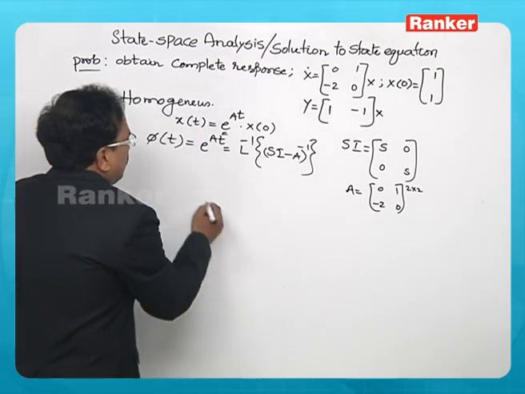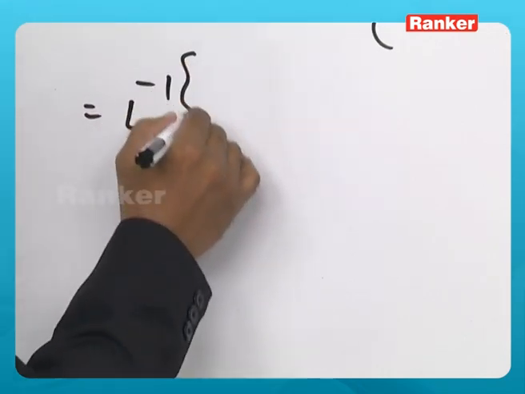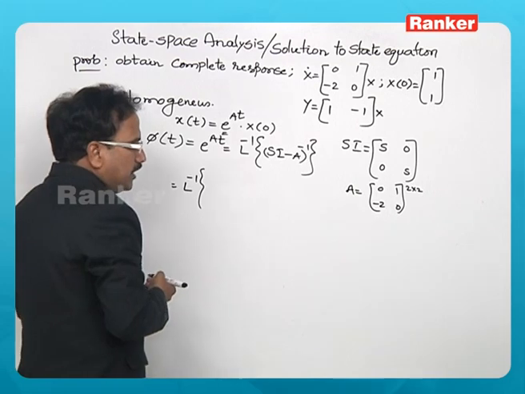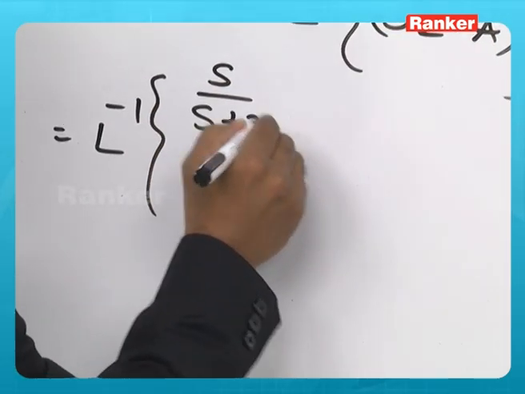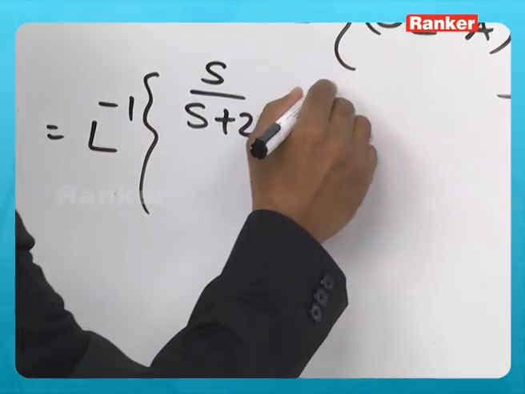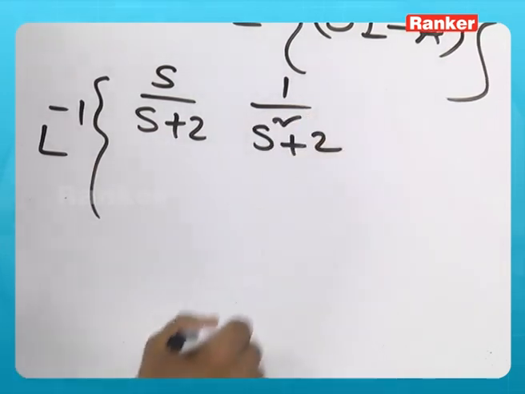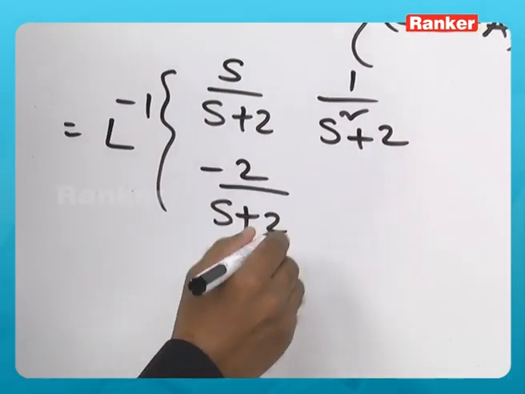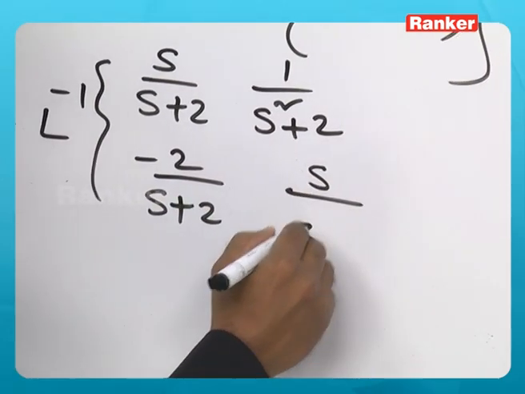So, for the Laplace inverse of (sI minus A) inverse, you need a subtraction of sI minus A. This is given by s by s square plus 2, 1 by s square plus 2, and minus 2 by s square plus 2, and s by s square plus 2.